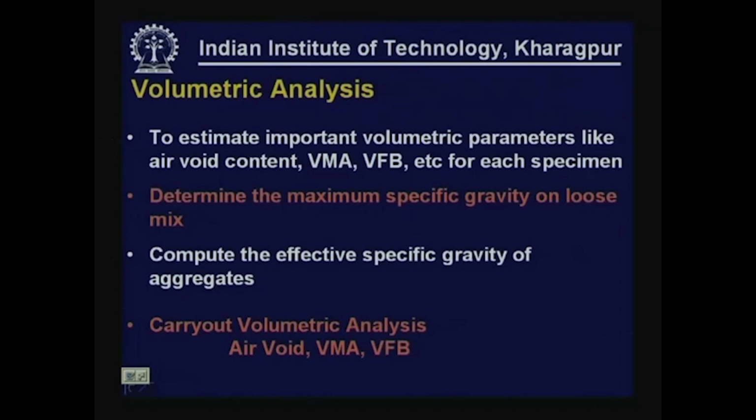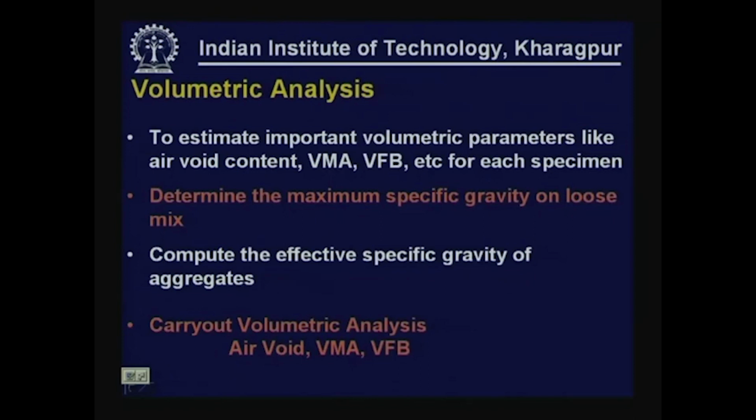After the Marshall test is done, we will have to carry out volumetric analysis. This is to estimate important volumetric parameters such as air void content, voids in mineral aggregate, voids filled with bitumen, and so on for each of these specimens. And for each binder content, we have to determine the maximum specific gravity.